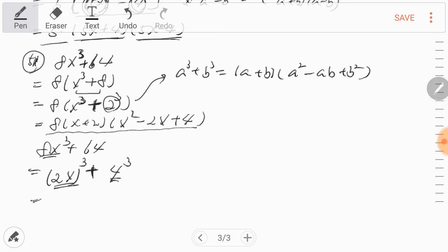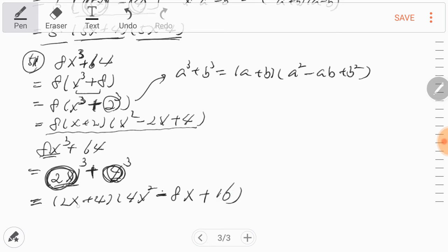So we can apply the sum of cubes formula. So 2x, a plus b, so 2x plus 4 times a squared, so 4x squared minus, change the sign, minus 2x times 4, so 8x plus b squared. So 4 squared is 16.